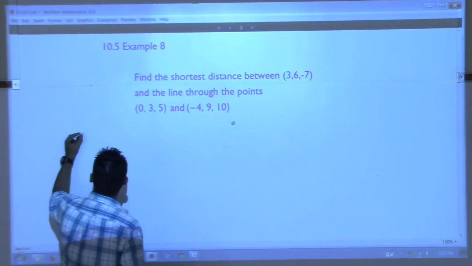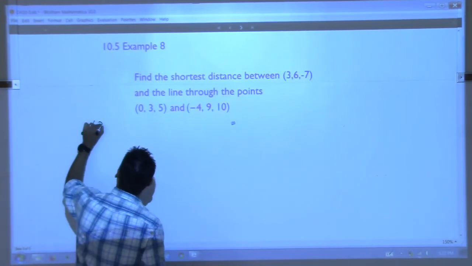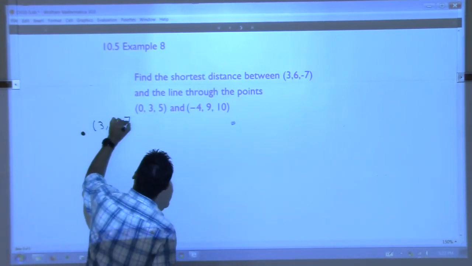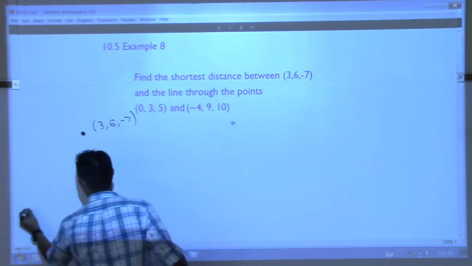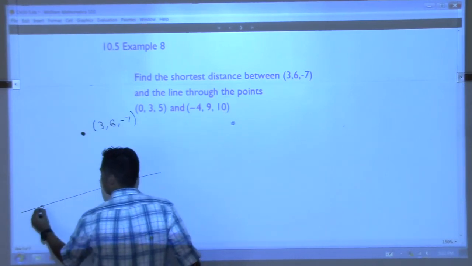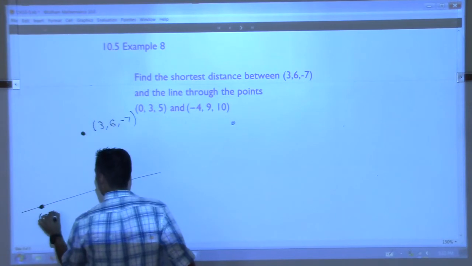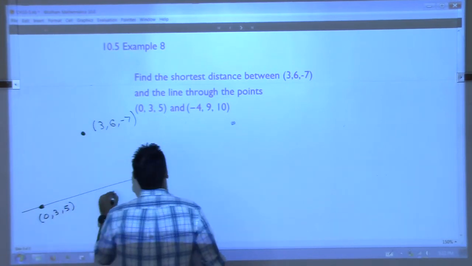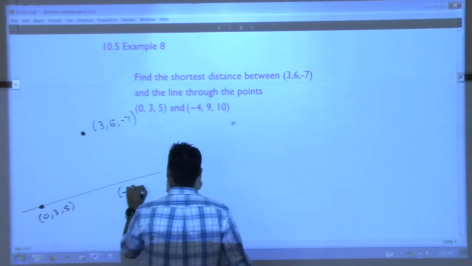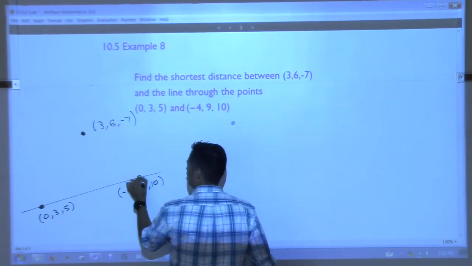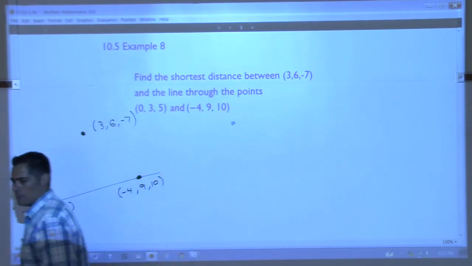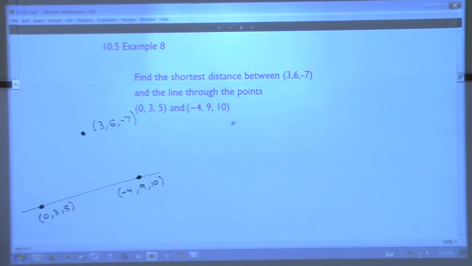I have my point up here, (3, 6, -7), and then I have a line that has these two points, (0, 3, 5) and (-4, 9, 10). What is the shortest distance between this point and this line?